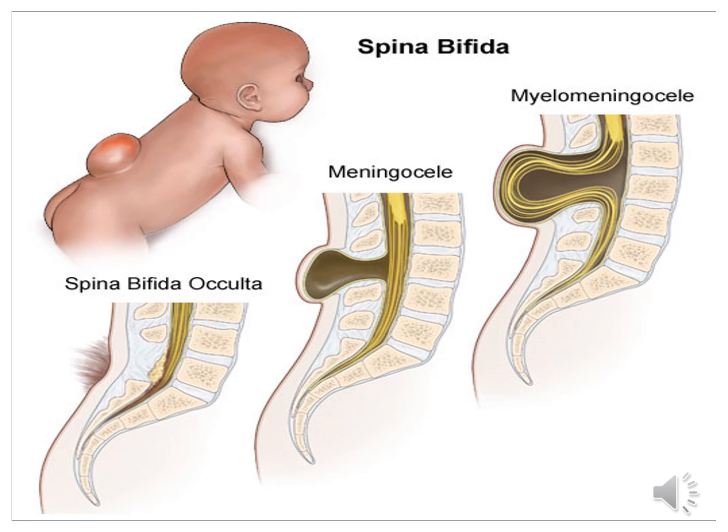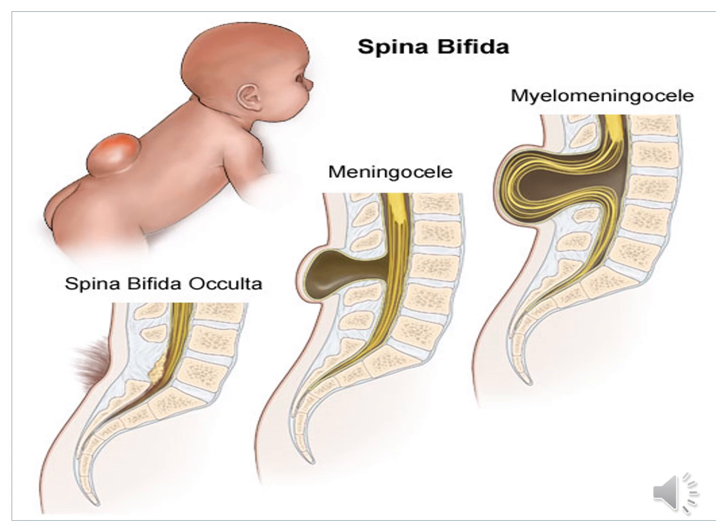This condition can sometimes be corrected, but the most difficult is the meningomyelocele, in which there is a protrusion at the lower back of the baby of a piece of meninges together with the spinal cord.